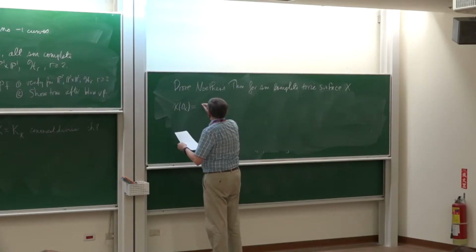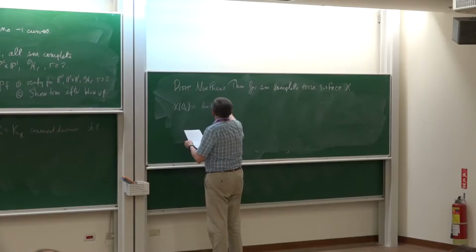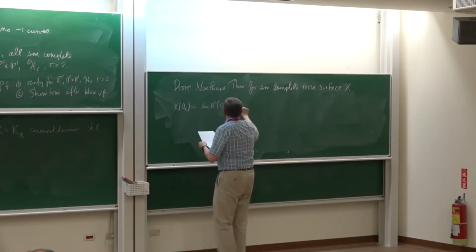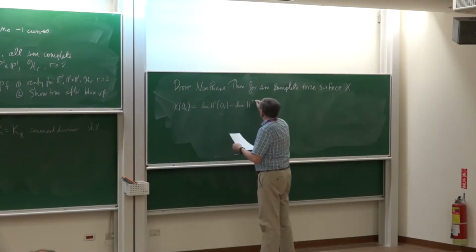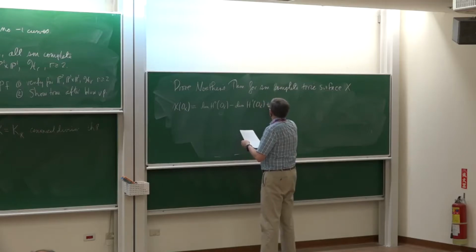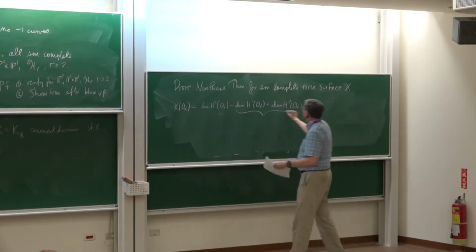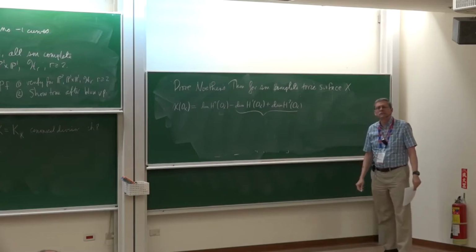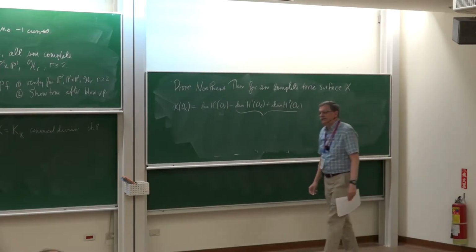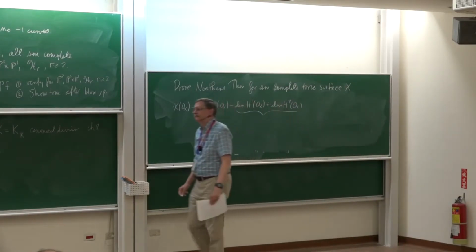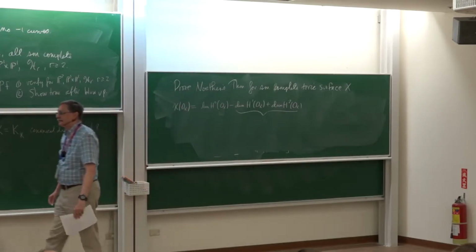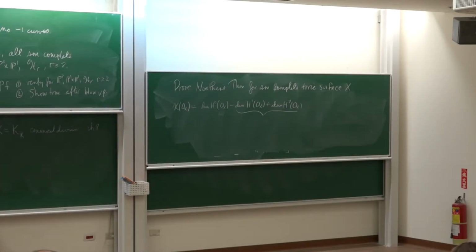So remember, this is going to be the dimension of h0 of O of X minus the dimension of h1 of O of X plus the dimension of h2 of O of X. Now I claim we know what those guys are. And why 0? What theorem says that? It's a vanishing theorem. And what's the first vanishing theorem that Hal proved yesterday?